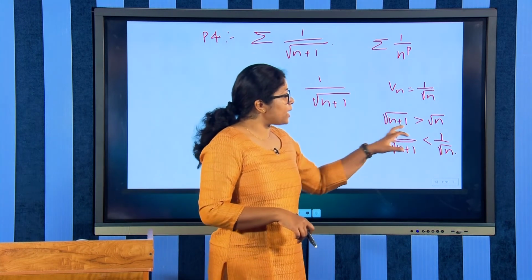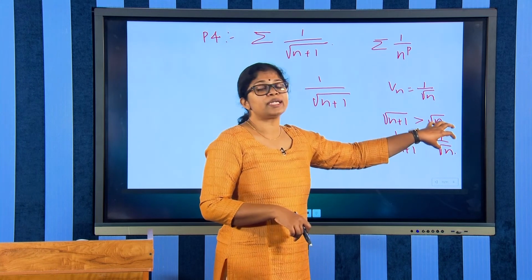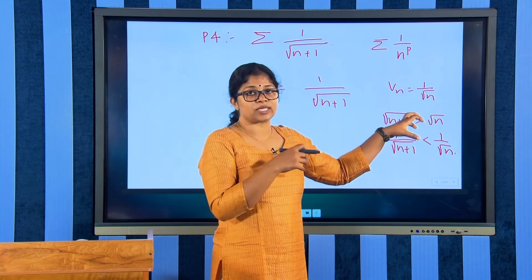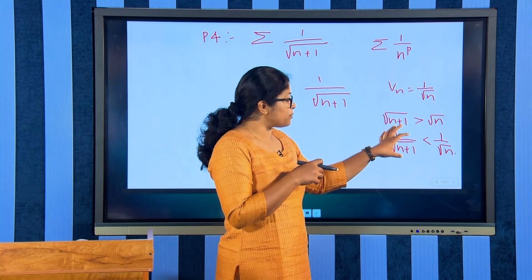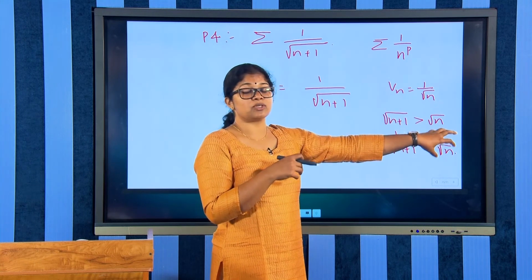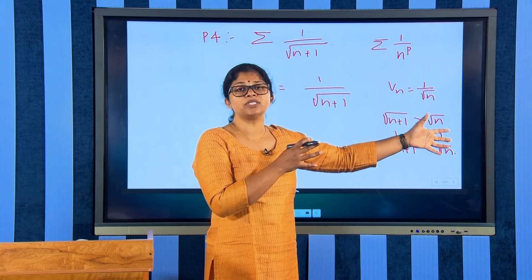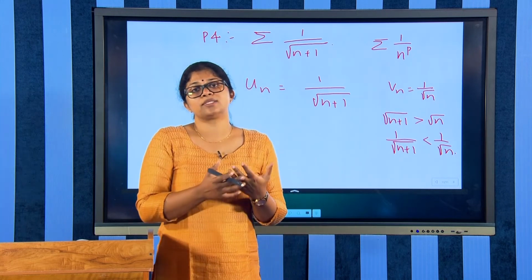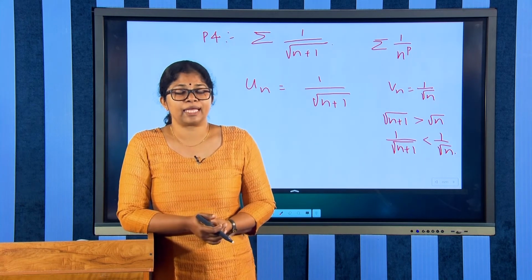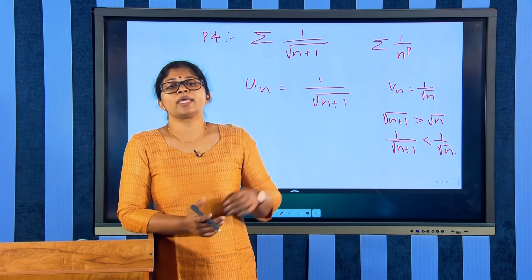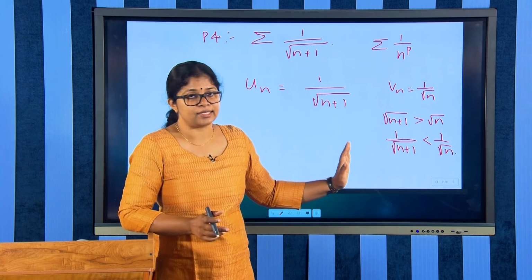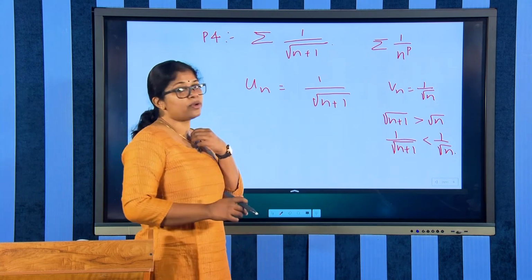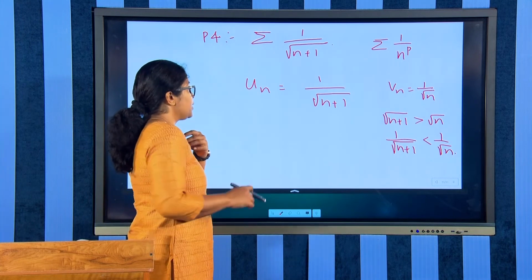And direct comparison test does not tell us anything convincing about the series. If the larger series diverges, what happens to the smaller series? That is not obtained directly from direct comparison test. So, we cannot go for direct comparison test in this case, and hence we go for limit comparison test.